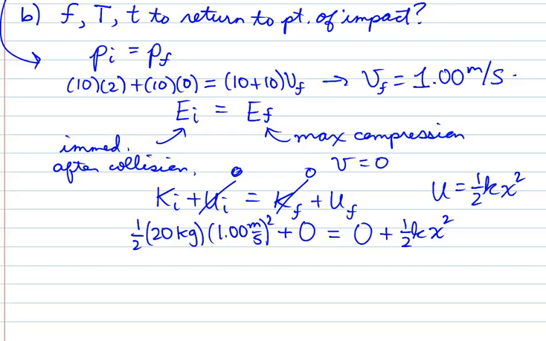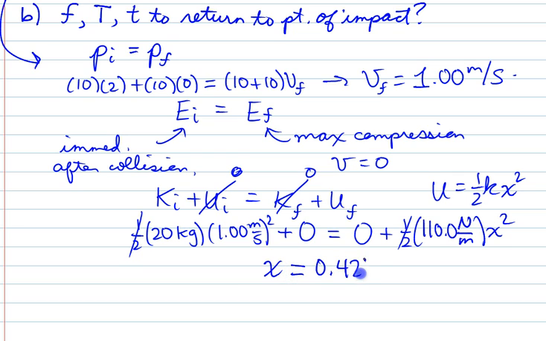When we set this up, we know that k is 110 newtons per meter, and we find that x is equal to 0.426 meters. If you think about it, that's actually the amplitude of the motion, because when the two blocks hit and stick together, that is their initial state, kind of the equilibrium.